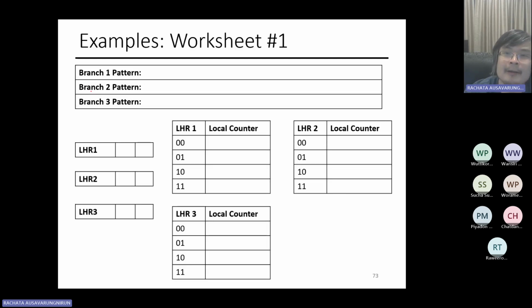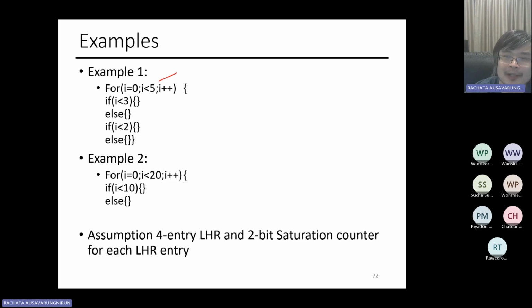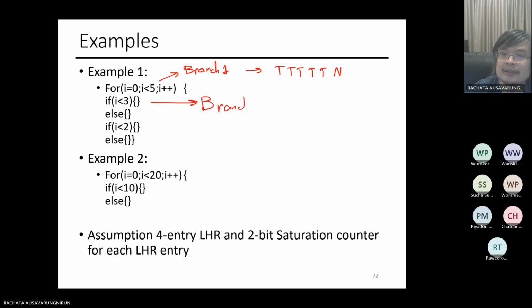Now you have branch 1, the for loop. Branch 1 is going to be taken, then not taken when you exit the loop. This is branch 2. Branch 2 is going to be taken, not taken.